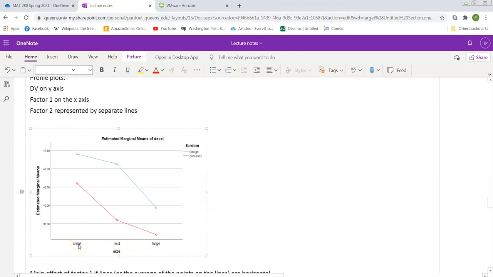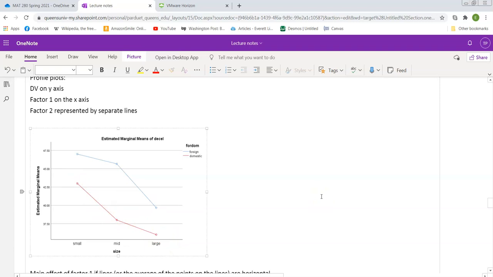So one of our factors has 3 levels: the size, small, mid-size, and large. And then our other factor is represented by separate lines. So we've got whether the car is foreign or domestic. And foreign cars are in this blue line up here, and domestic cars are in this red line down here.